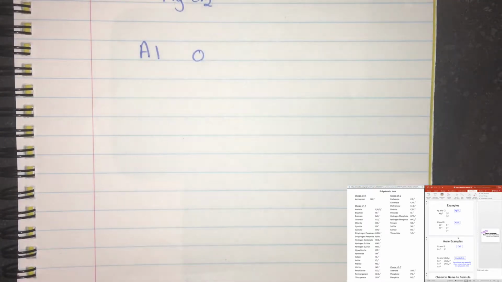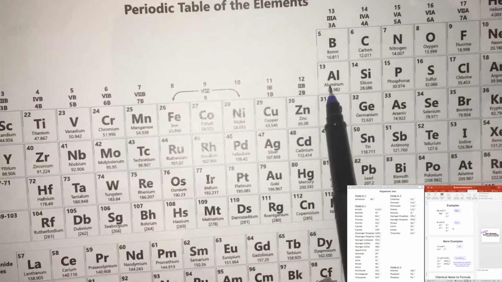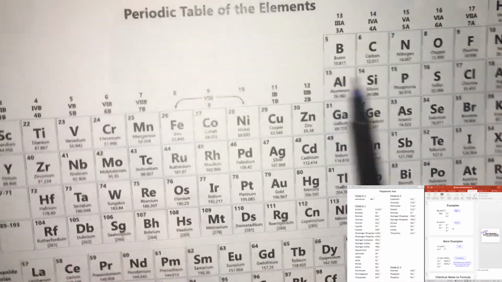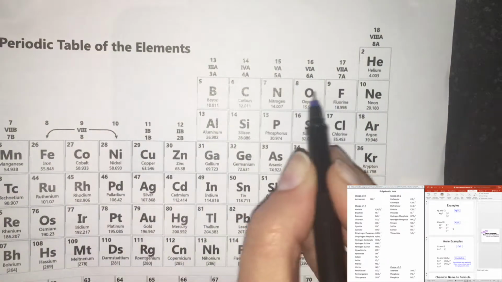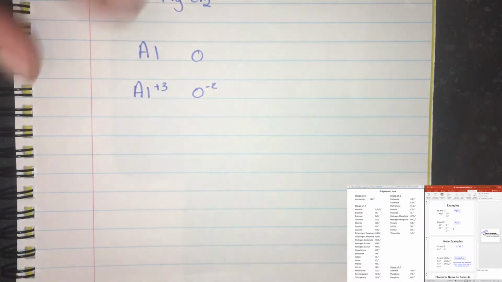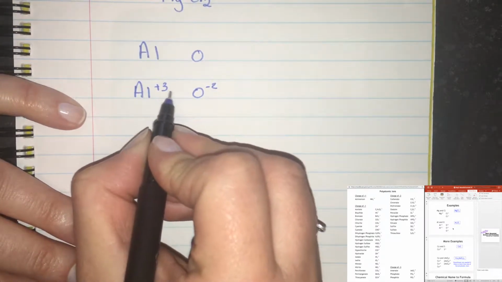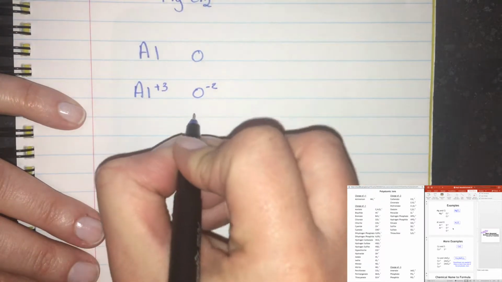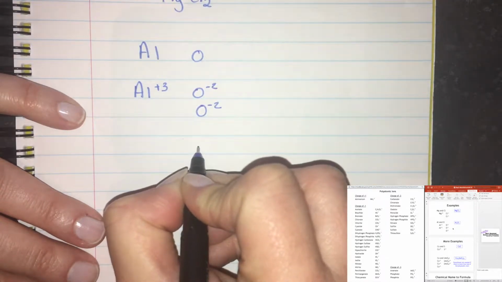Next example is aluminum and oxygen. On a test they just give us Al and O. Aluminum has a +3 charge. Oxygen has a -2 charge. Doing it the way the PowerPoint suggests, these two aren't the same charges, so you would add another oxygen, which would be -4.